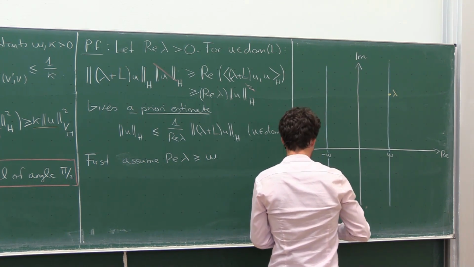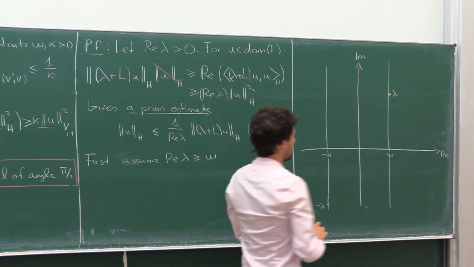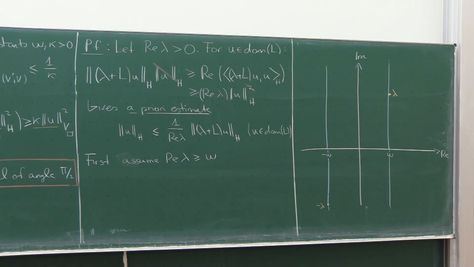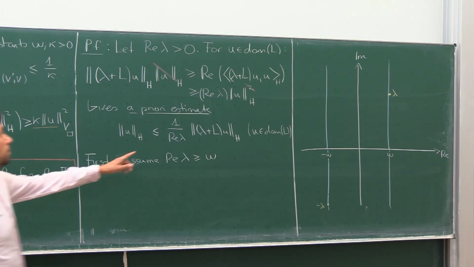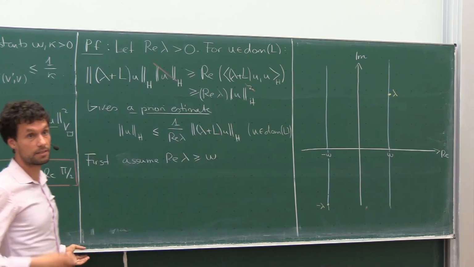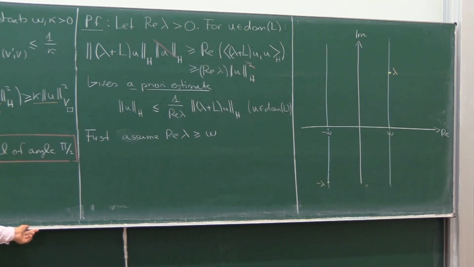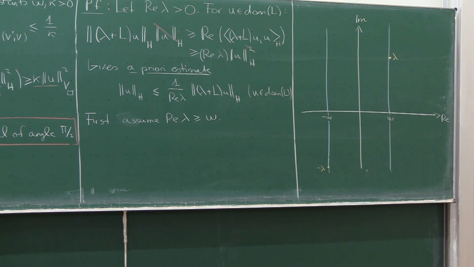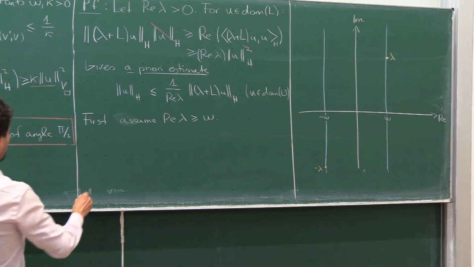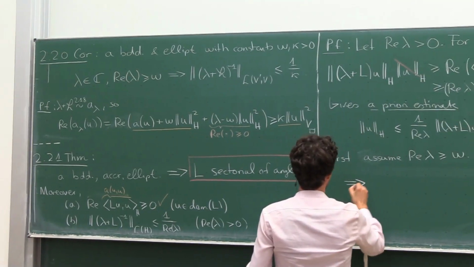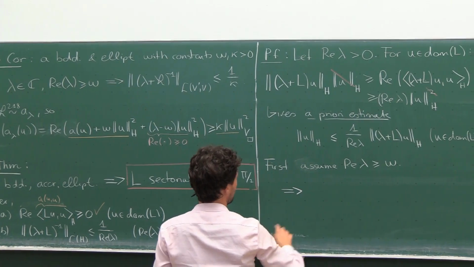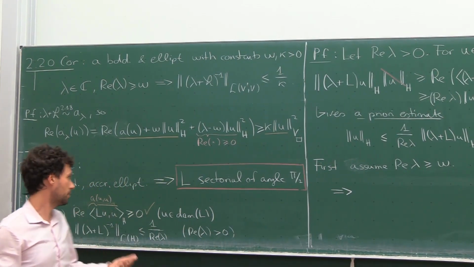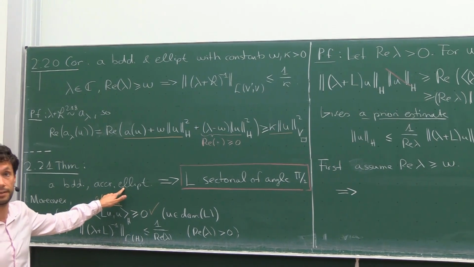Okay. So that's the lambda, and now I first want to prove, my goal is to prove that lambda plus L for this lambda is going to be invertible. Okay, so what can I say? Well, 220 tells me that an omega, of course, refers to the ellipticity constant, as always, because the assumption is that the form is elliptic.